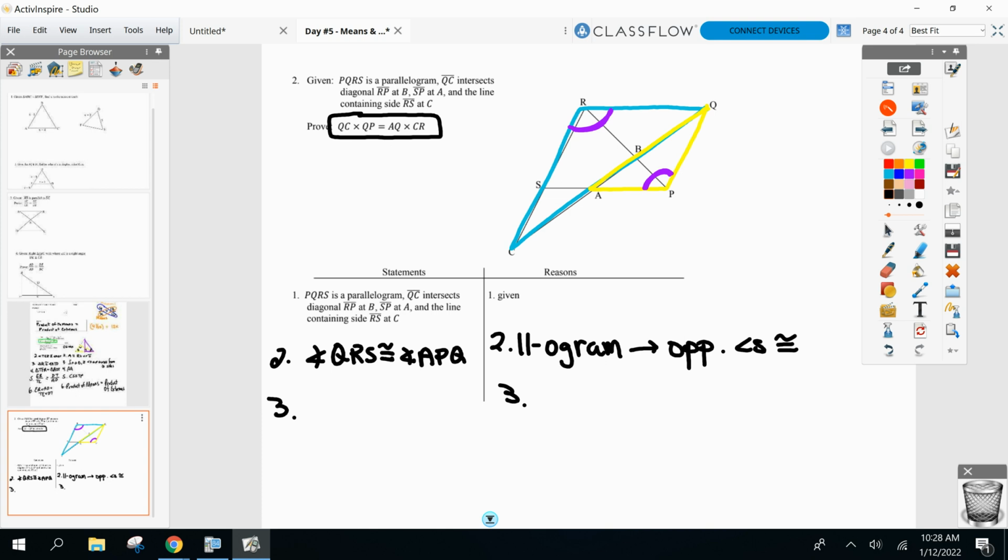No, but then have to prove that QC is diagonal. So then it's just like CC Oh, yeah. I can.